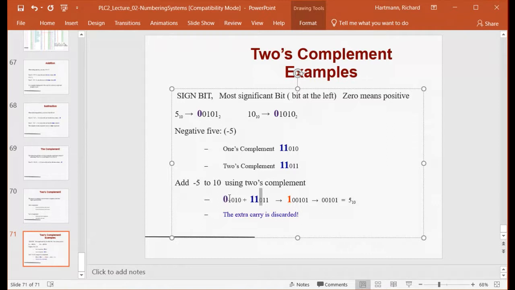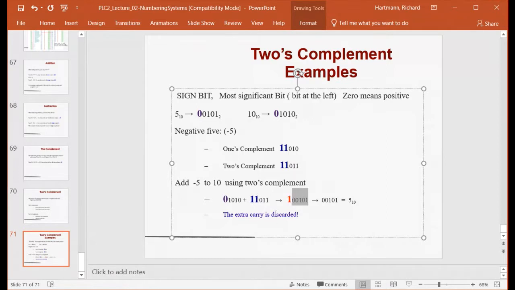And then a 1, which I carried, plus a 0, plus another 0 is a 1. And then I have, let's see, where was that? I have a 1 plus a 1. 1 plus a 1 is a 0. Carry the 1. So here's my carry.